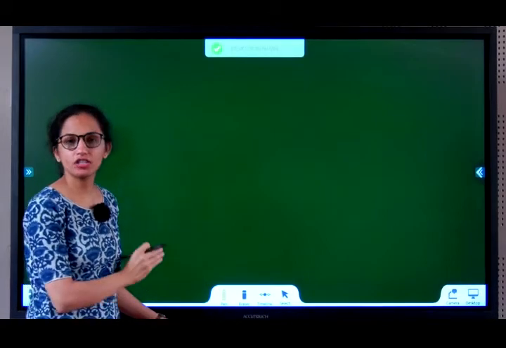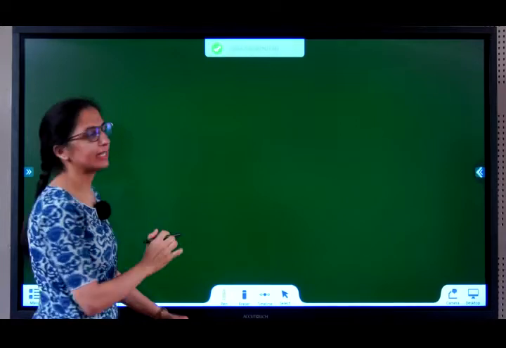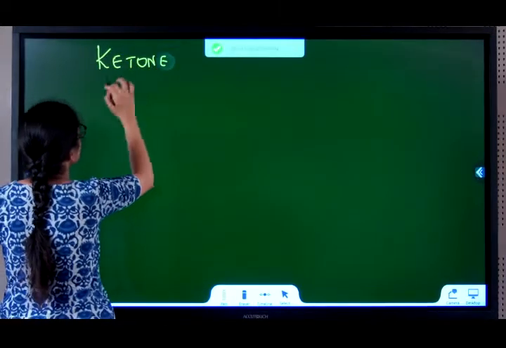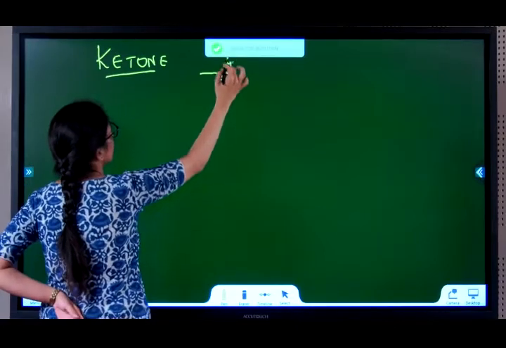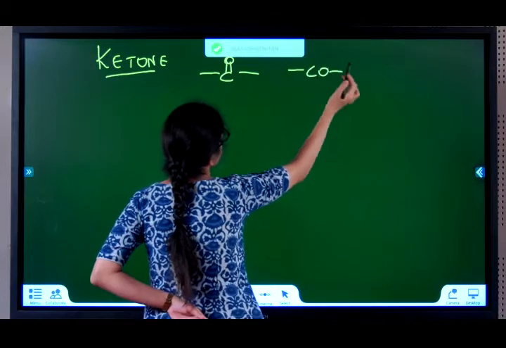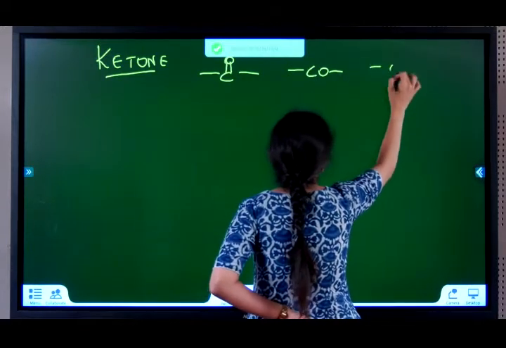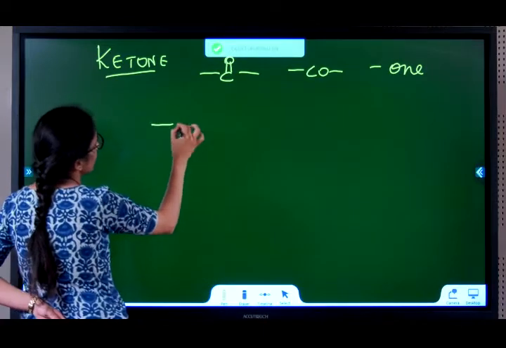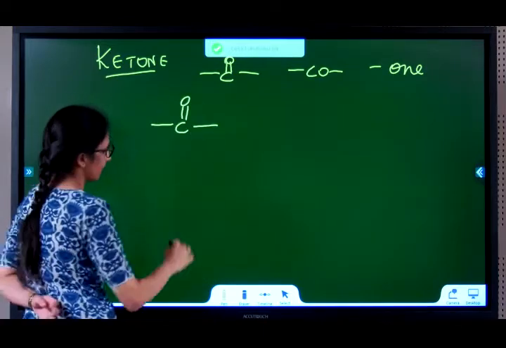The next functional group we'll be studying is ketone. If you remember, what did we draw ketone as? This, 2 bonds pending. Also you can write it as CO like this, and the suffix is ONE. Let's begin. So we have ketone here.